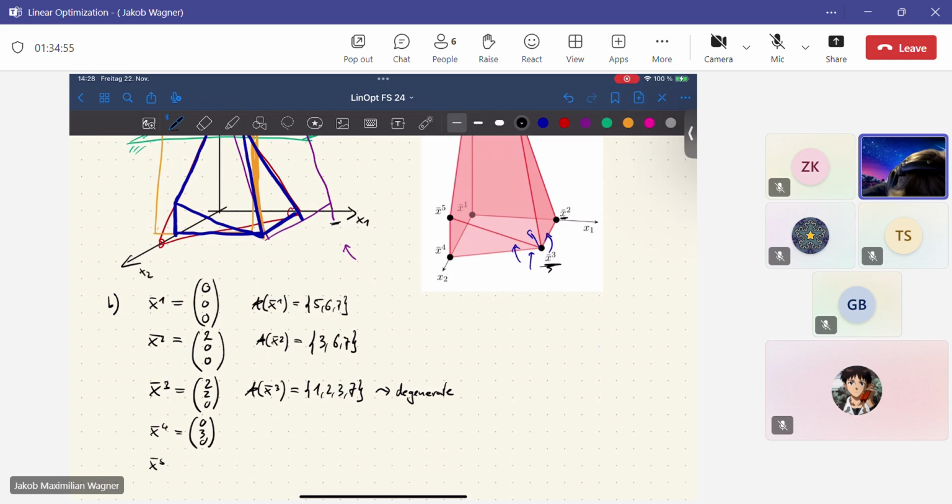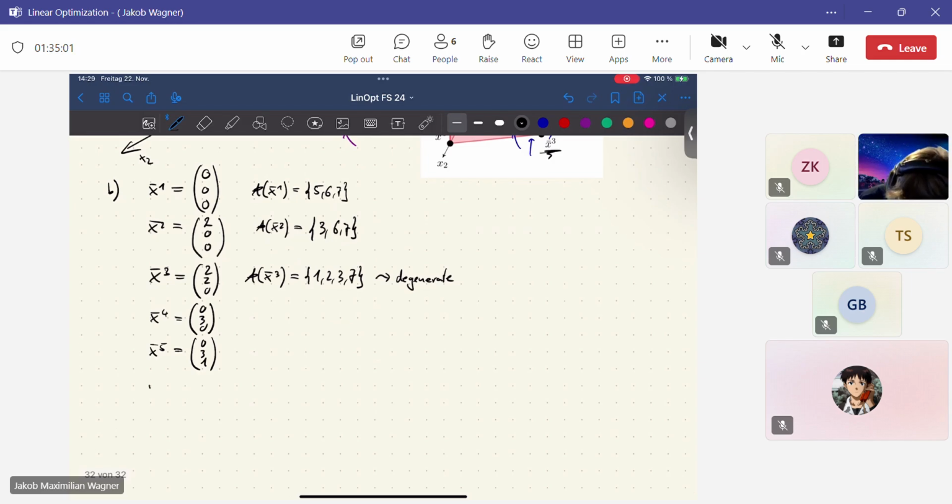We have x5 bar, which is equal to 0, 3, 1. We have x6 bar, which is equal to 0, 1, 3. We have x7 bar, which is equal to 0, 0, 3. And we have x8 bar, which is equal to 1, 0, 3.